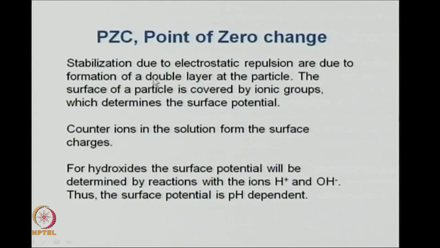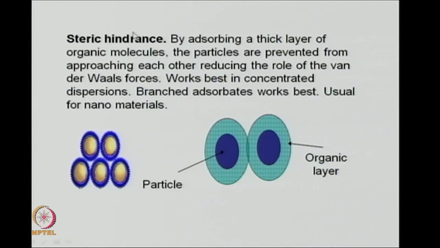The other way, one method as I said is using charge, the other way is using some steric hindrance. So, you have a particle on which you can coat some organic layer. This organic layer and that organic layer will prevent these two particles from coming close. This works well when you have concentrated solutions or dispersions, and this is also used for synthesizing nanomaterials.